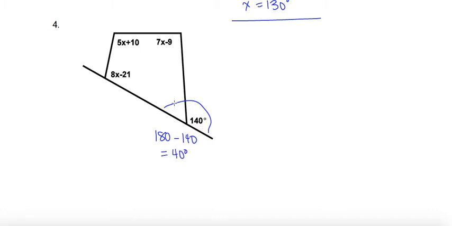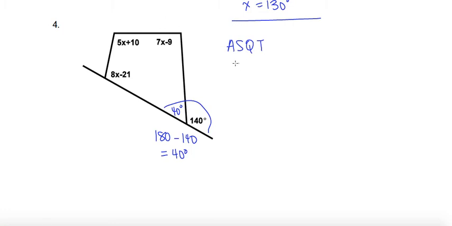So this right here is 40 degrees. Now I know that this is a 1, 2, 3, 4-sided shape, which is a quadrilateral. The angle sum of a quadrilateral theorem states that if I add up all 4 of these angles, I'm going to get 360 degrees.